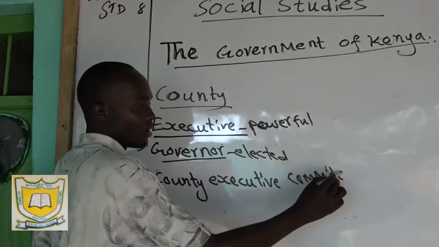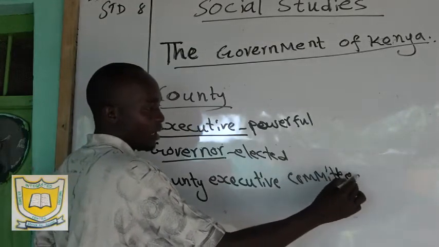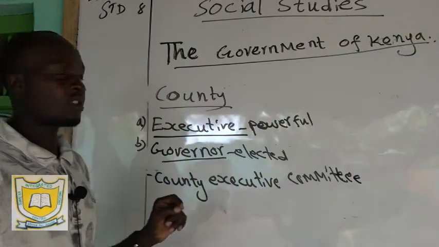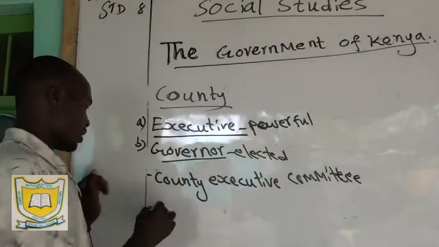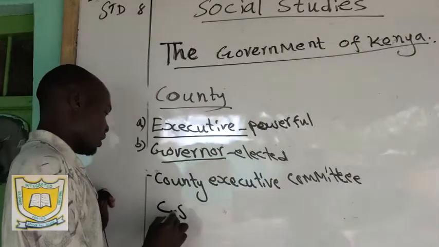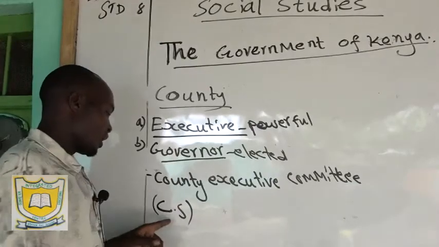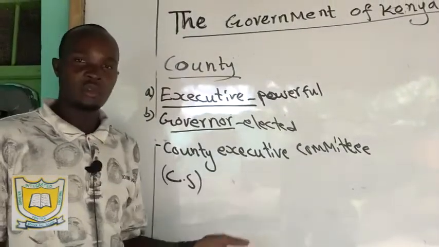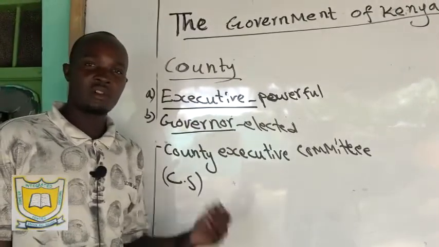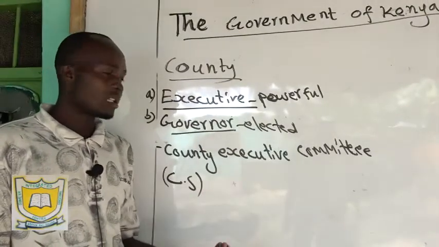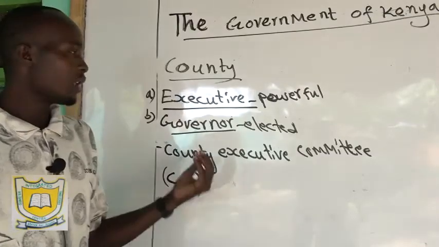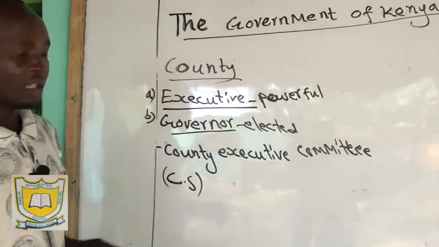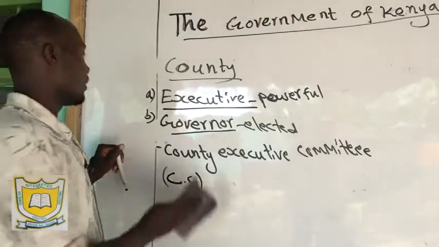The governor appoints the county executive committee members. We can also call them the county CS, cabinet secretaries of the county, who represent different departments at the county level, like education, agriculture and so on. The governor is the head of this county government.